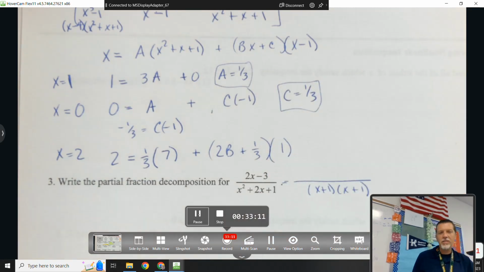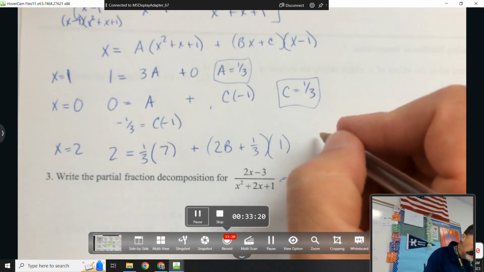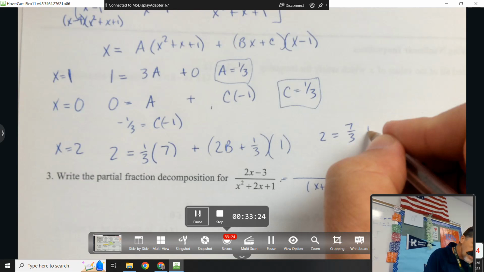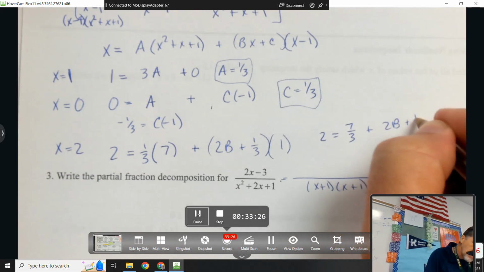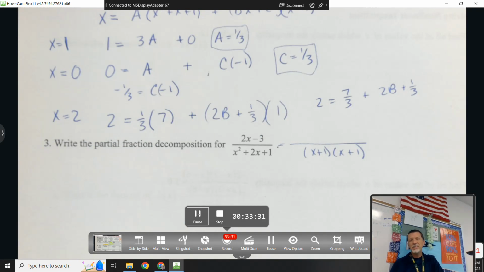So that wasn't as yuck as we thought it was going to be. Still yuck, just not as yuck. Degrees of yuckiness. So 2 equals 7/3 plus 2b plus 1/3. 7/3 plus 1/3 is 8/3.